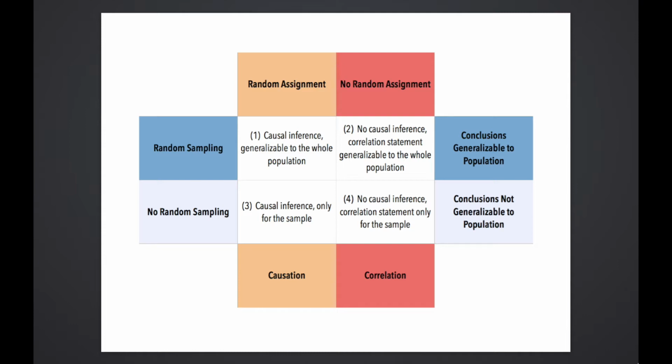If I take a random sample, then the results of the study that I do by looking at that sample are something that I can generalize to the whole population. This is a really powerful effect of random sampling. If I don't take a random sample, then my conclusions are not generalizable to the population that I'm studying, and the best that I can do is make a statement about the association that I found within that sample.